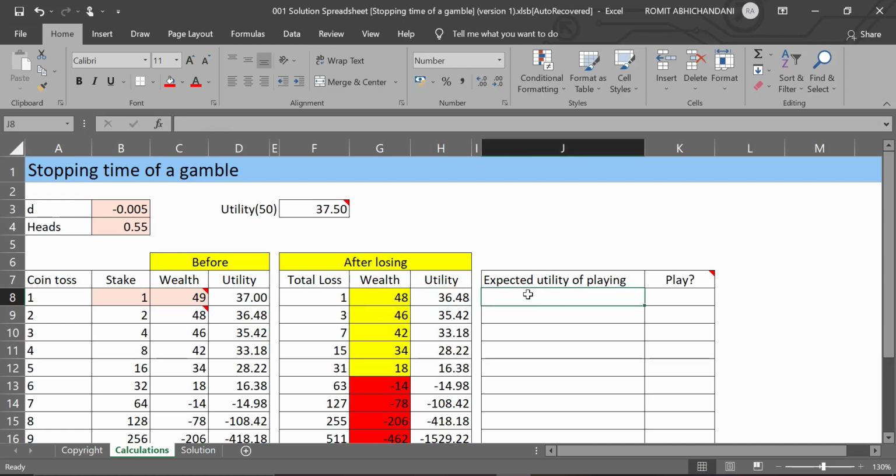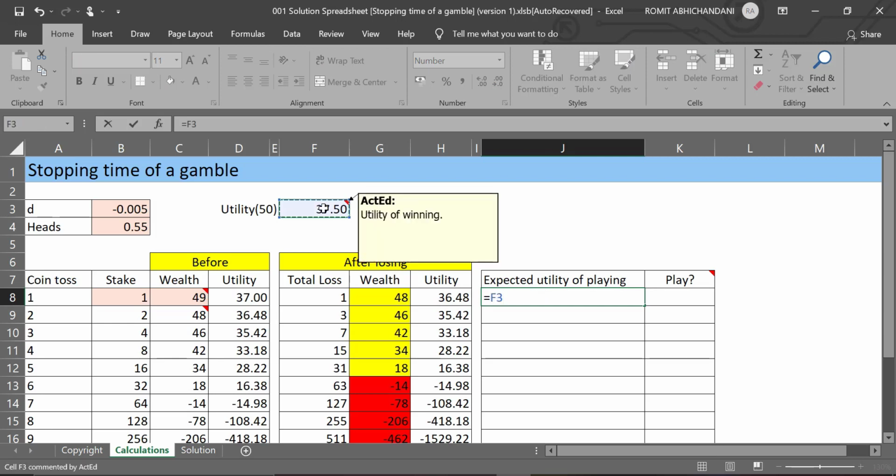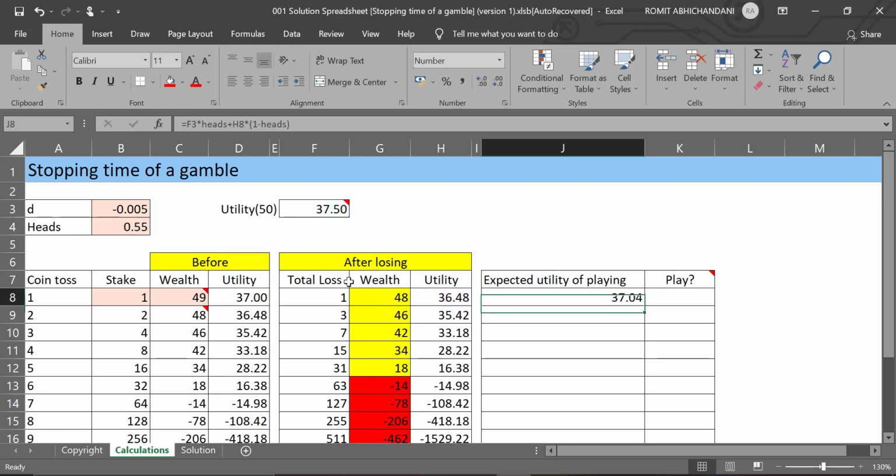So how do you calculate the expected utility? Expected utility will just be your utility when you win, times the probability of winning, which is the probability of getting heads, plus your utility if you lose, multiplied with the probability of losing, that is the probability of getting tails, that is 1 minus heads. So this is your expected utility if you play.